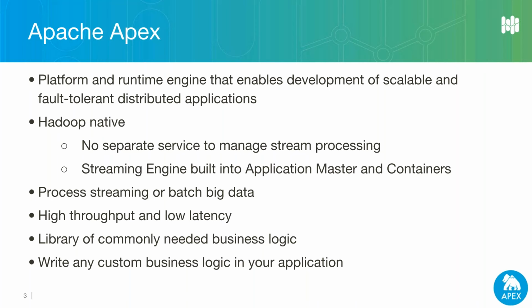Other than that, we also have the capability to write your own business logic to do something customized in your applications. We also have application templates, where we have identified some basic or common use cases across industry verticals and created application templates out of them, hosted on our app hub. If you go there, you'll find many ready-to-use solutions which you can use directly, or you can do some customizations and use them.